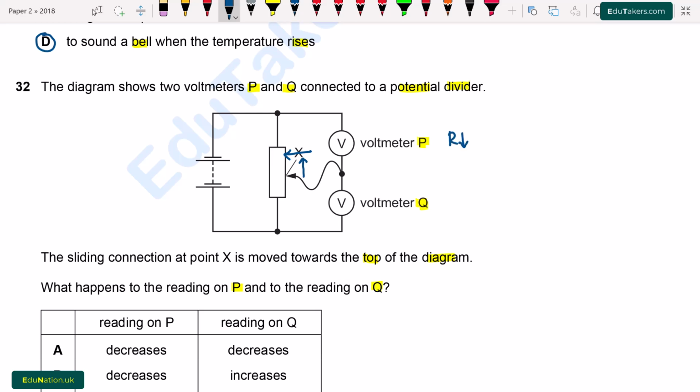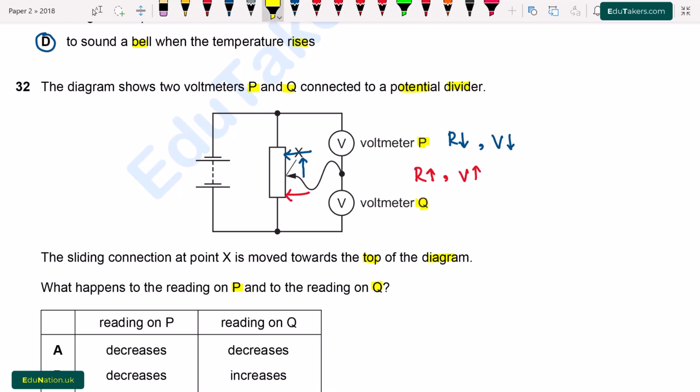When the resistance decreases, then the potential difference also decreases, so the reading on the voltmeter P decreases. But if I consider that the sliding contact is at the bottom, then the resistance increases. By the increase in resistance, the potential difference increases, due to which the reading on the voltmeter Q also increases.